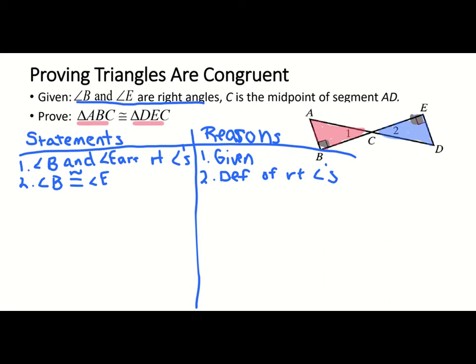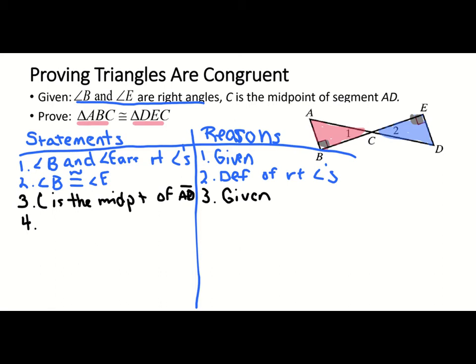So I'm going to move to my second one. C is the midpoint of segment AD, and that is our given. Now you have to ask yourself, if you have a midpoint of a segment, what does that mean?